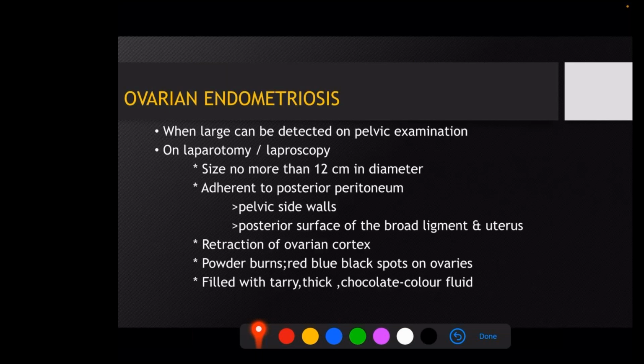Then, ovarian endometriosis. Ovarian endometriosis is also called ovarian endometrioma, which differs from superficial ovarian endometriosis. In superficial endometriosis of the ovaries, the endometriotic implants are only over the ovarian surface, either anterior or posterior, confined to the surface of the ovary only.